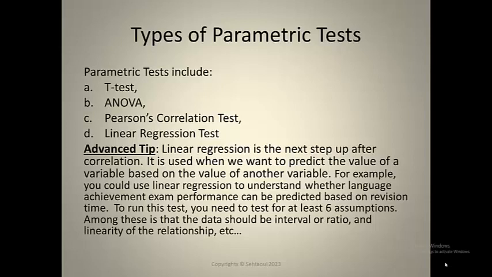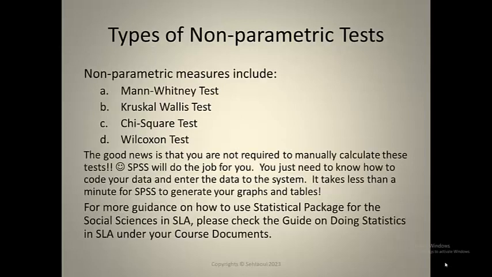To run this test, you need to test for at least 6 assumptions. Among these is the data interval or ratio, and is it linear, and so on and so forth. So those relationships can be again assessed or tested through SPSS.